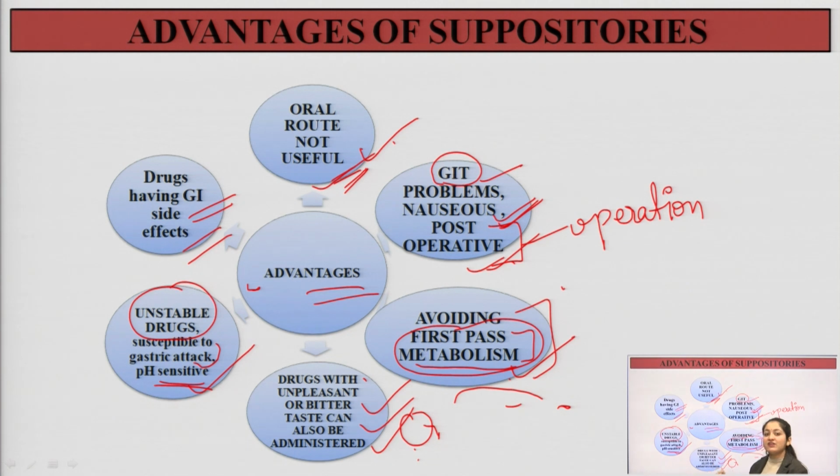Moreover, any drug having a bitter, unpleasant taste can also be given this way. And if our drug is susceptible to high pH or is very sensitive, in such cases also we formulate our medication into a suppository rather than giving it through a normal route. Eventually, any side effect that a drug would produce in the GI tract can also be avoided by this method.